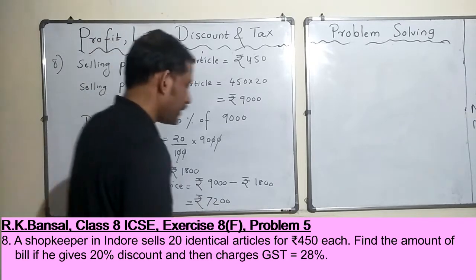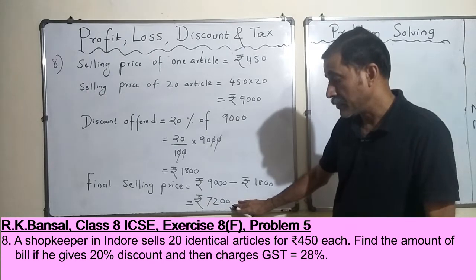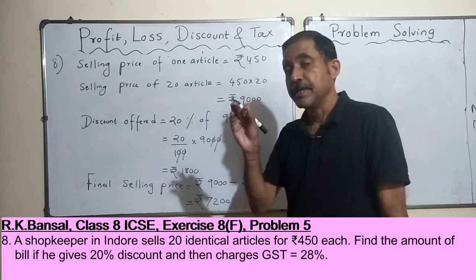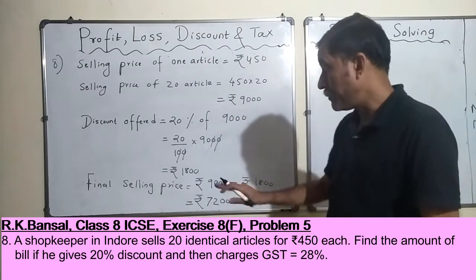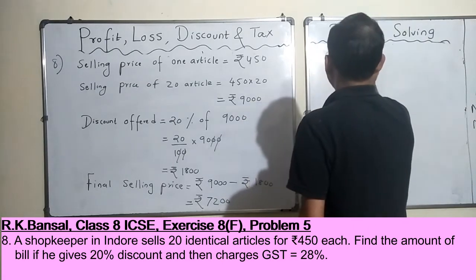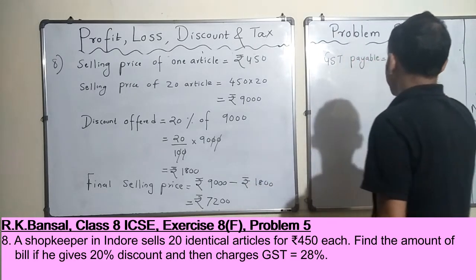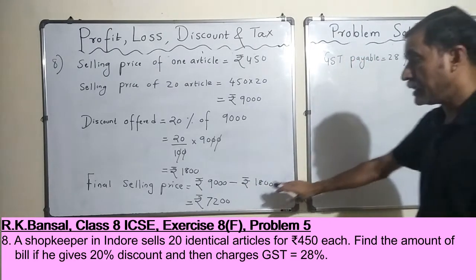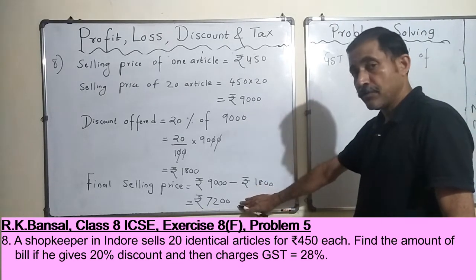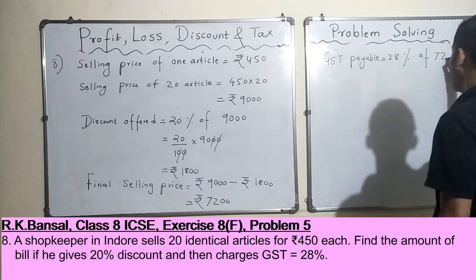So this is the final selling price, but when he makes the bill he will write down that he is selling it to you for 7,200, but also he has to include GST at the rate of 28% on this. So GST payable in this case is equal to 28% of your final selling price. You have already removed the discount, and this is the price that he is charging you, so on this you have to pay 28% GST.